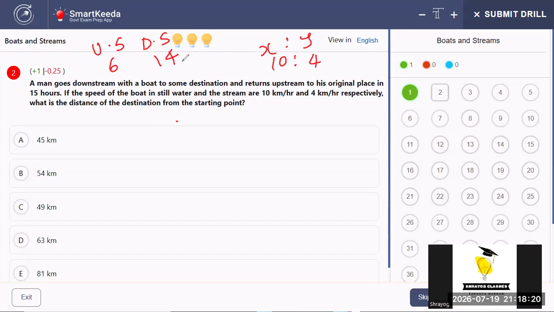X is what? X is equal to DS plus US upon 2, which is equal to 20 per hour.